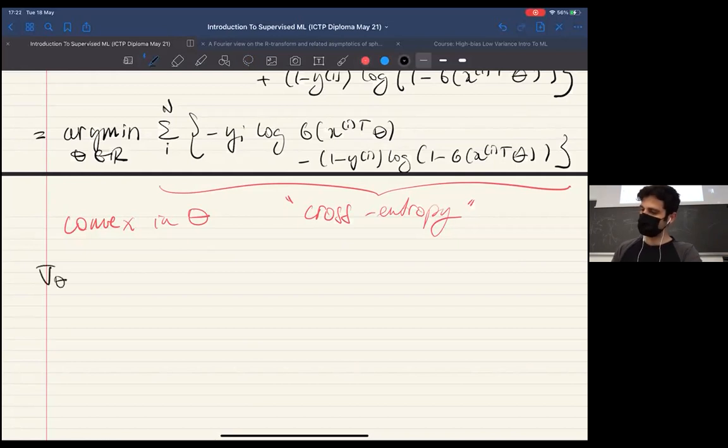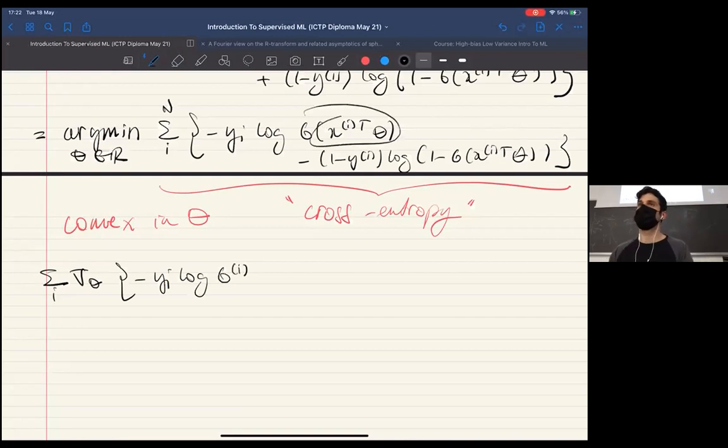So if I compute the gradient with respect to theta of this cost, the gradient is linear, so you can put the gradient inside the sum. I will call sigma i this thing.